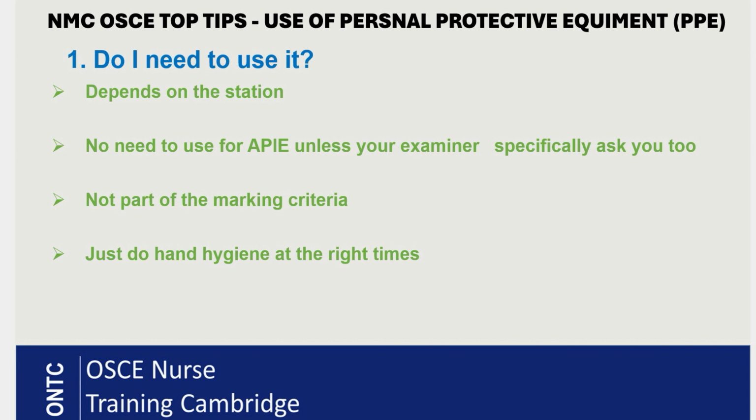Do you need to use the PPE, your gloves and apron? No, you really don't need to use it unless your examiner specifically asks you to. They were asking when we had COVID and all that, but they're not asking you to do it anymore. So you don't need to use PPE in the assessment and implementation station, which is your drug station.